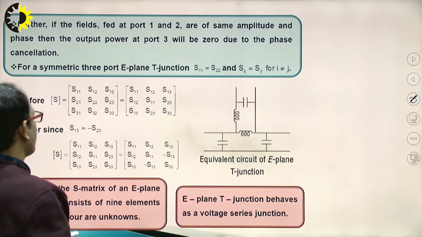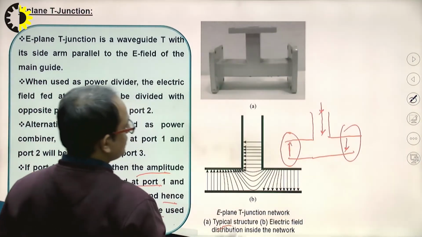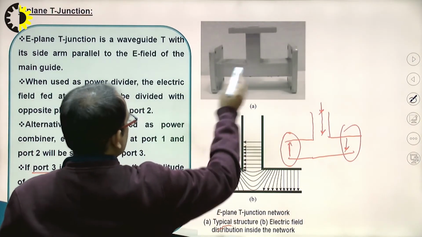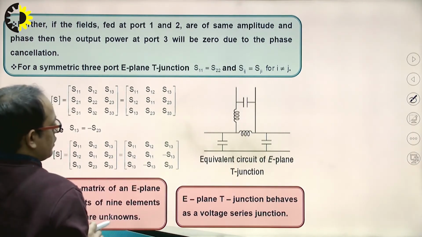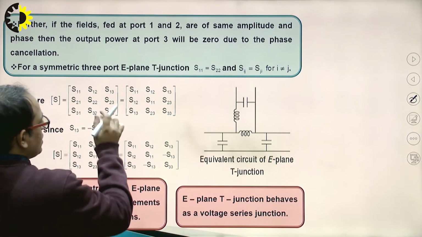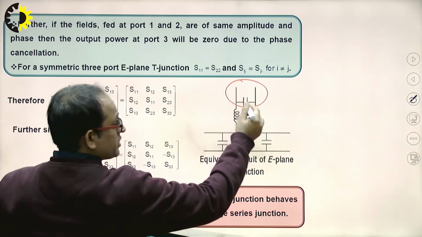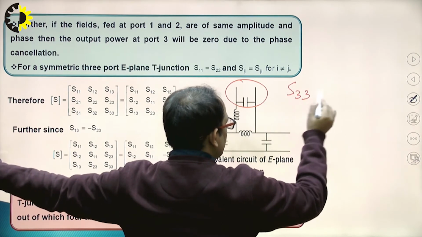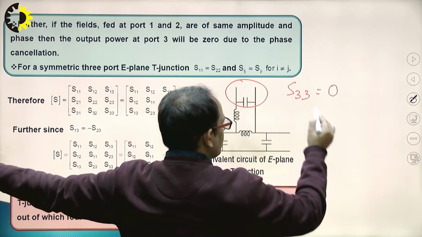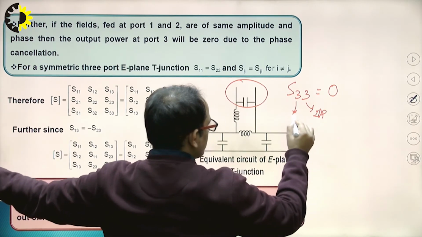Now see, this is an E plane T. This is an E plane T. Now see, if I am assuming that the S33 is a perfect network, a matched network, then S33 will be equal to 0, because this is input and this is output.